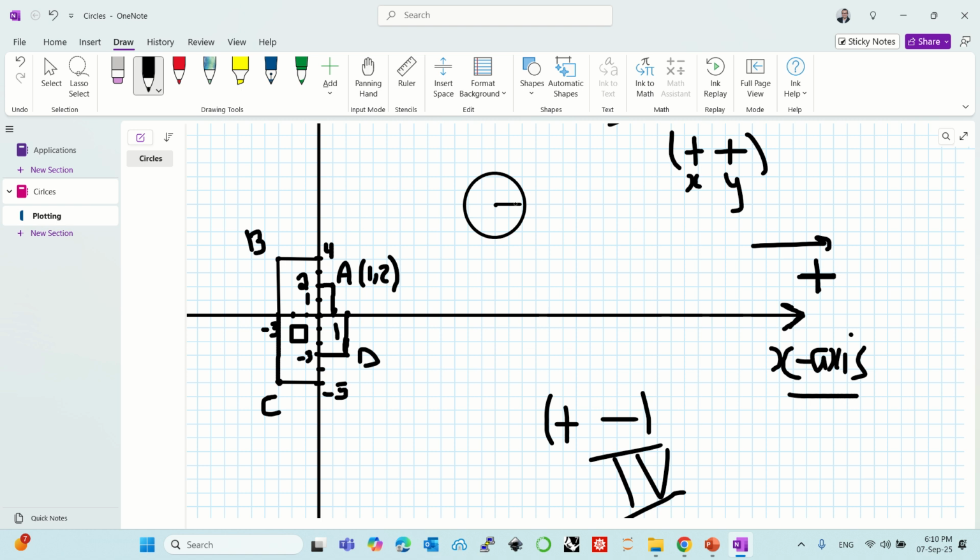This distance is called the radius, that starts from the center and ends at the circle. R is that distance, which is called R, the radius.